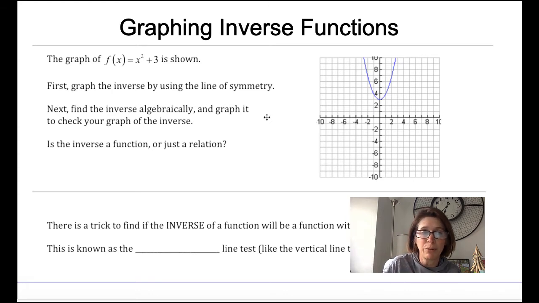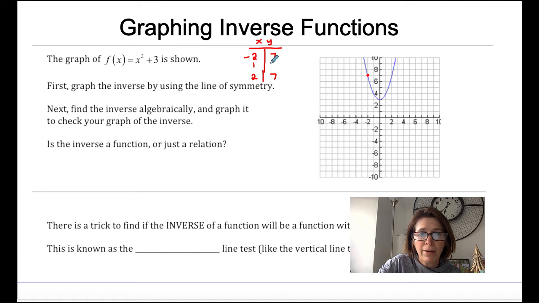Here's a great example. I've given you the graph of f of x equals x squared plus 3. So we have a quadratic function, okay? I'm actually just going to pick a few points on the graph. For example, I've got negative 2, 7, and 2, 7.